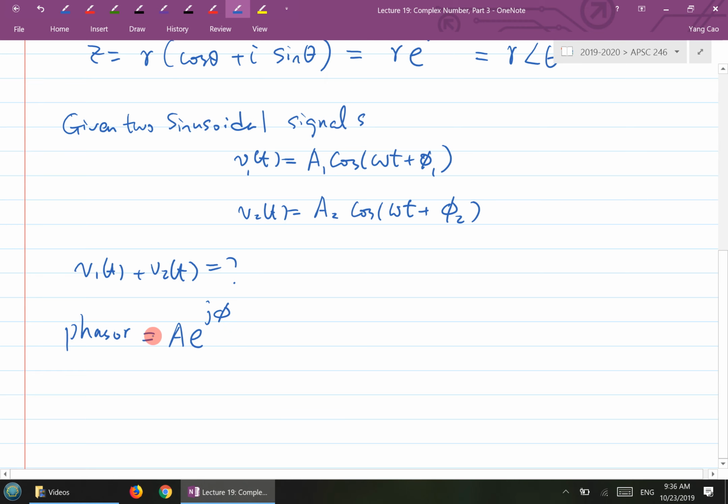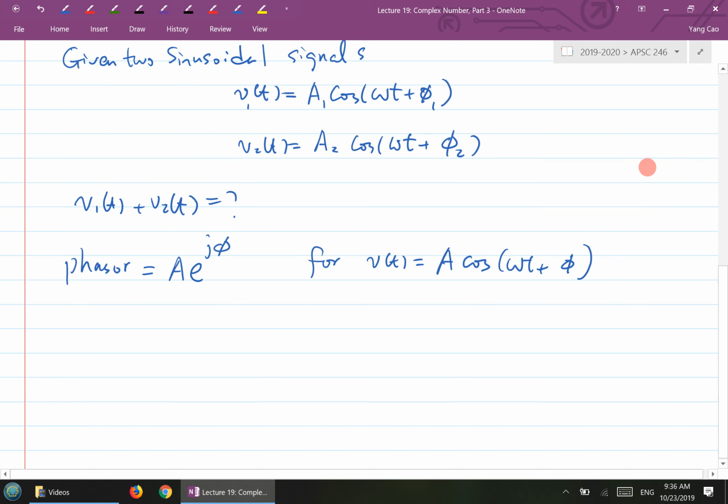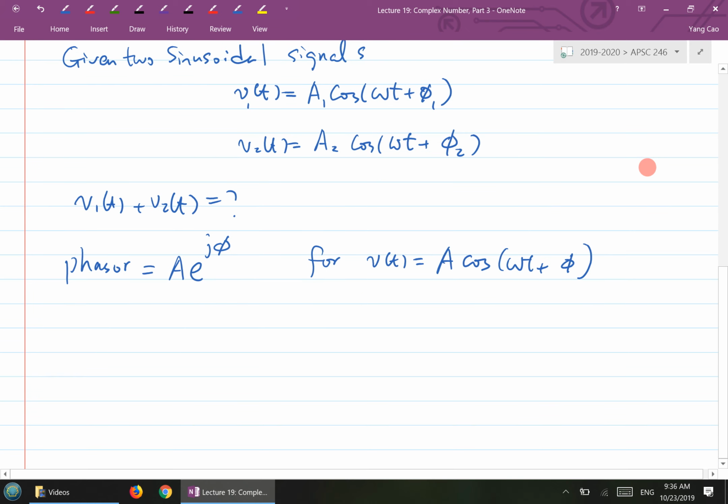The phasor is this, for a general sinusoidal signal. The reason is that when you are given this sinusoidal signal, which is A times cosine omega t plus phi, that's basically the real part of a complex number. The real part of this complex number will give you this sinusoidal signal.